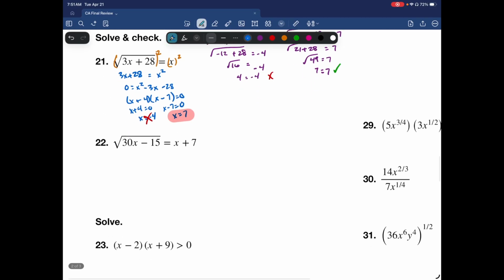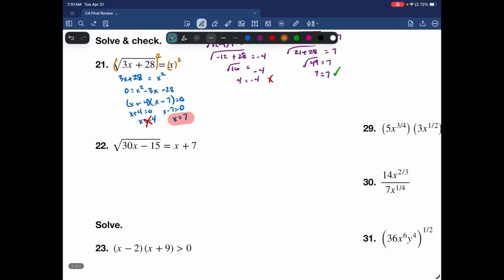I'm going to do the same thing on 22. I'll square both sides, but this time when I square the right side, I get a binomial. So I've got to square that, which means I've got to write it twice and multiply it out. The left side is going to be 30x minus 15. If you write it twice and multiply it out, you get x squared plus 14x plus 49. Then get everything to the same side.